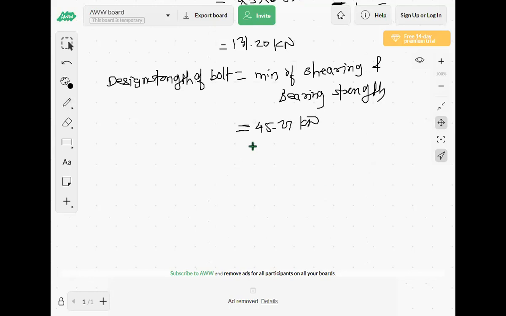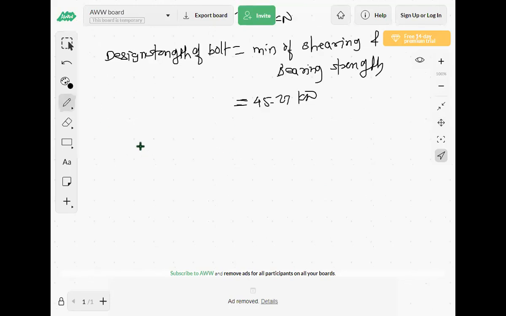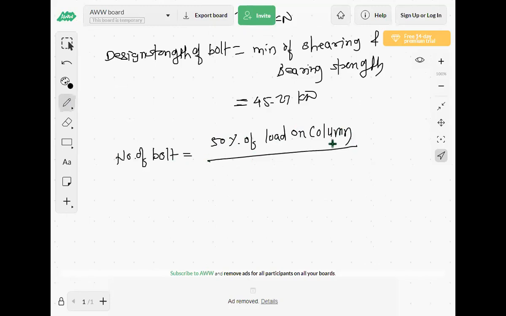Now we have to calculate the number of bolts. As I told you, number of bolts is equal to 50% of load on column, because half the load goes directly to the base plate and half the load goes to the connection, which means the bolted connection, divided by design strength.